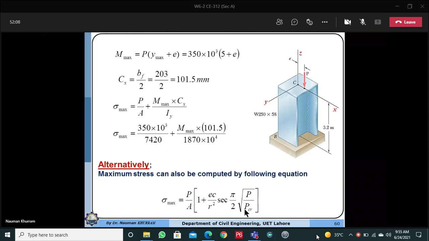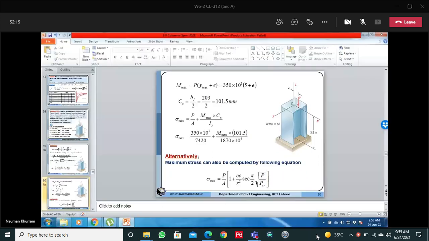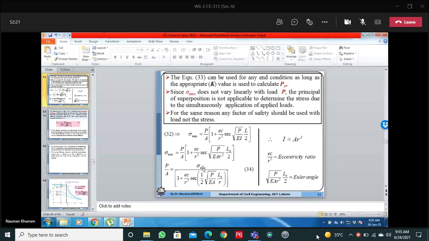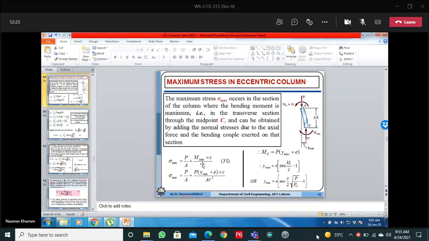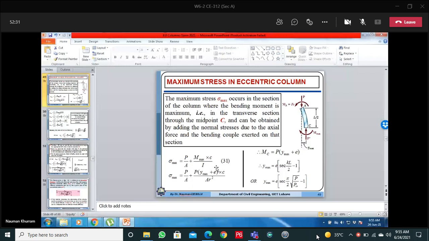This formula is also derived from the same concept. So you could either use this formula 33, or you could determine the stress by using the basic expressions.